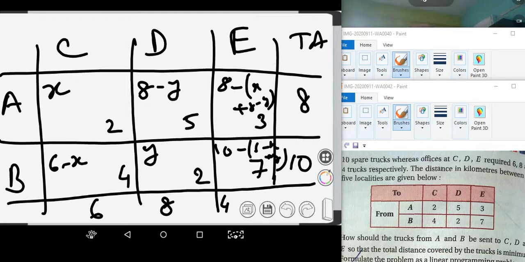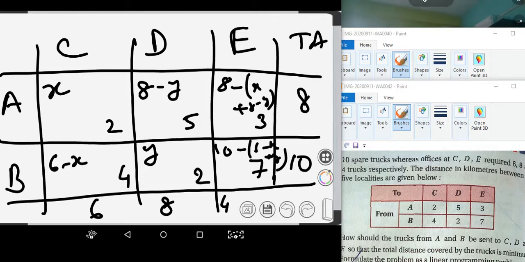So if you simplify, I'm writing the simplified values. In the first table it is x, then it is 6 minus x, then it is 8 minus y, then it is y. So 8 minus x plus 8 minus y, if you simplify, that means 8 minus x minus 8 plus y.